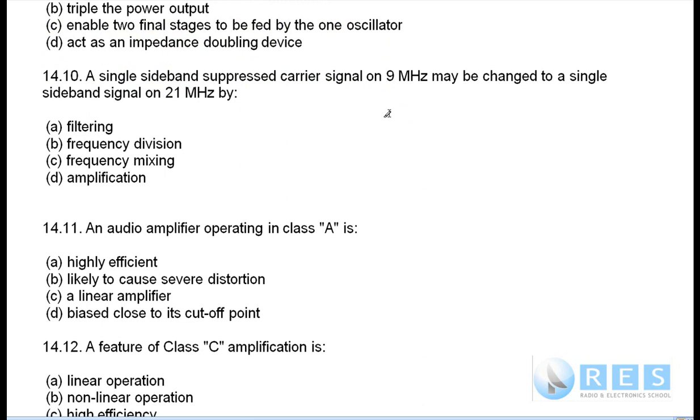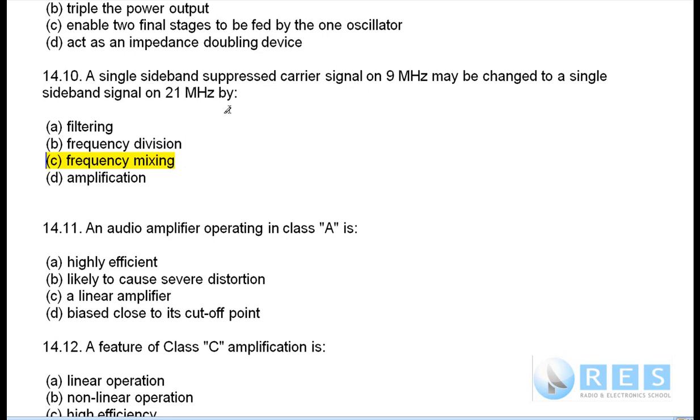14.10. A single sideband suppressed carrier signal on 9 MHz may be changed to a single sideband signal on 21 MHz by frequency mixing. We would have to put the 9 MHz signal into a mixer along with a signal from an oscillator. What's 9 from 21? That's 12.